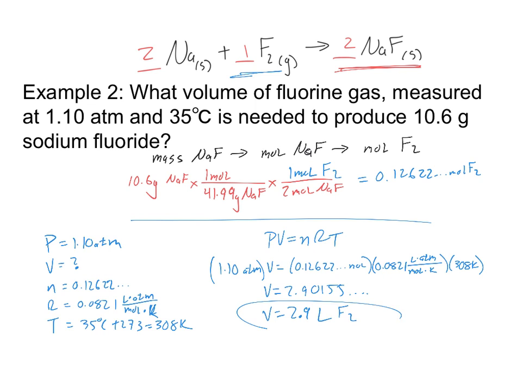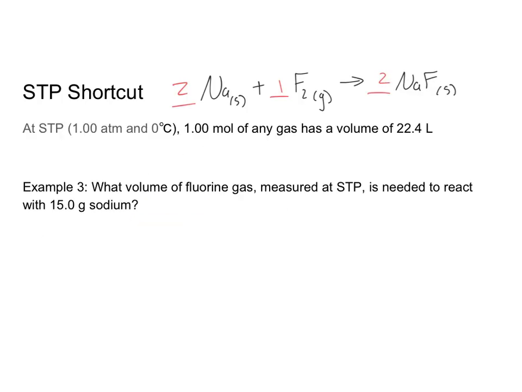So that's not so bad. And then we have another gas law shortcut that we're going to talk about real quick, and it's called the ideal gas law shortcut. It allows us to do a couple of things that we can only do when we are at standard temperature and pressure conditions.